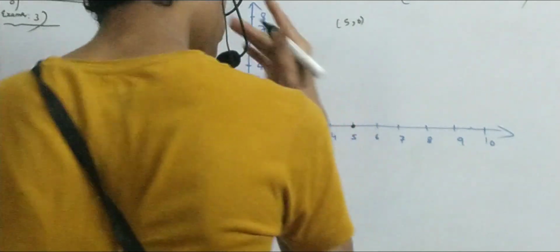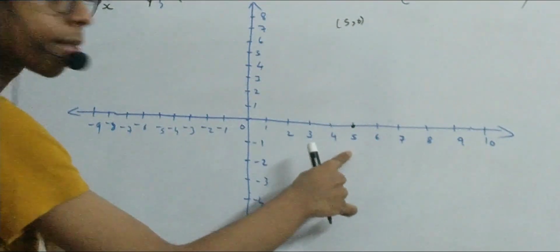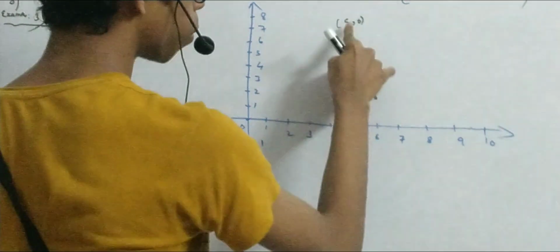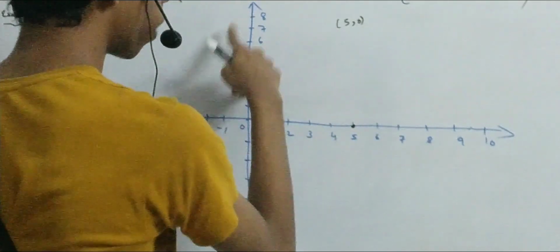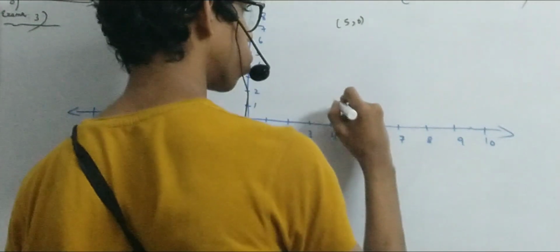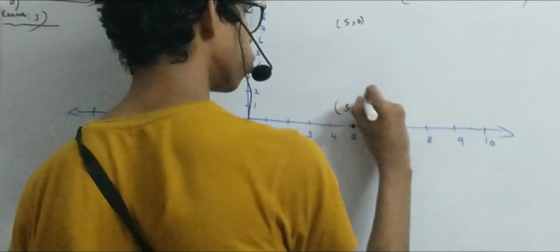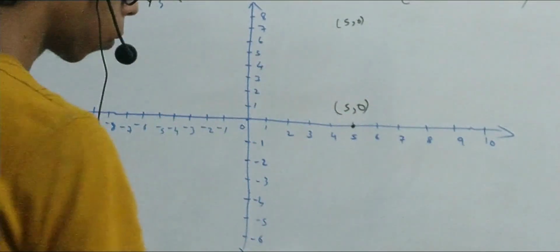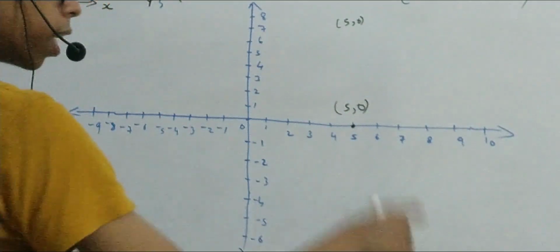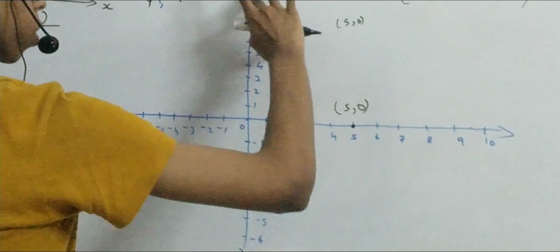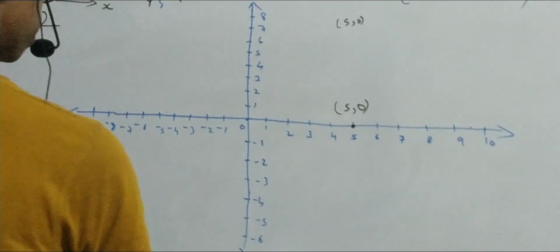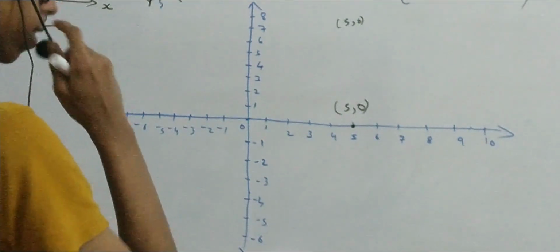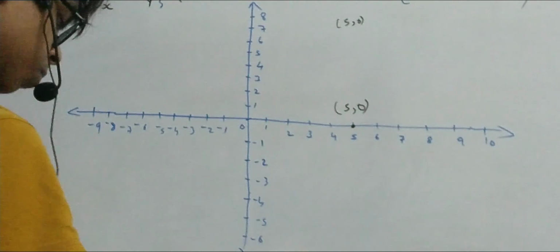Because this 5 is a point which lies on the x-axis and the y-coordinate is 0. So this point will be (5, 0). Just put a dot on this 5 on the x-axis. We know this is the x-axis, this is the y-axis, this is the negative x-axis, this is the negative y-axis. Okay, that is the first point.